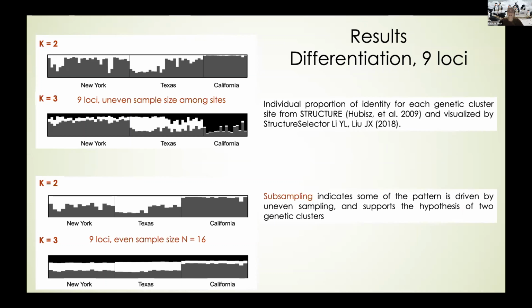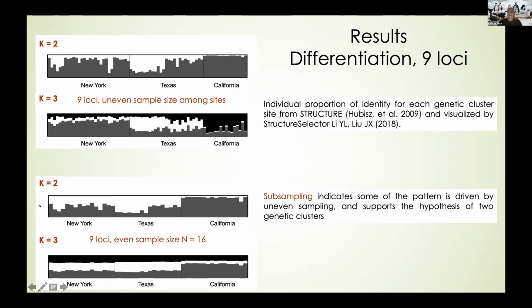So we ran a subsampling analysis, and this subsampling analysis allowed us to even our sample size to 16, which, if you recall, Texas and New York had almost double the amount of samples than California did. So as you see in the figure below, the subsampling analysis allowed us to smooth these clusters and basically supported a cluster of 2 compared to 3.